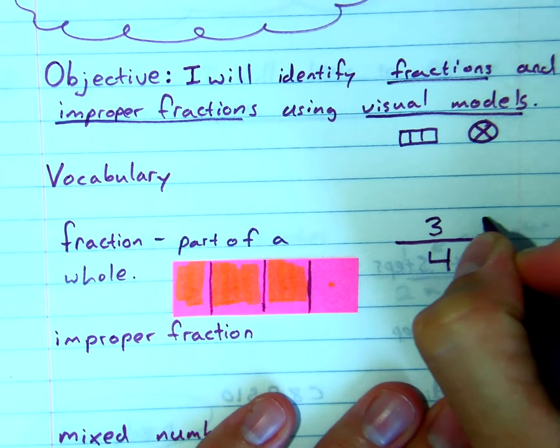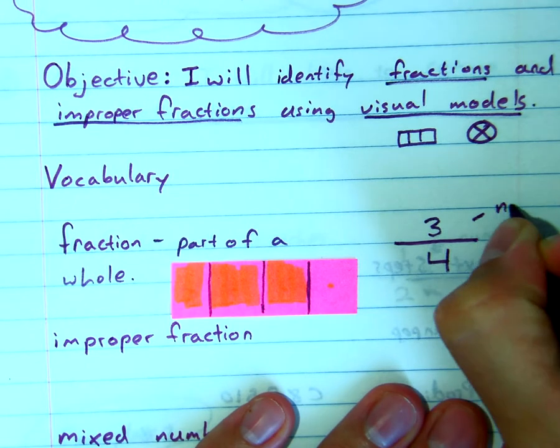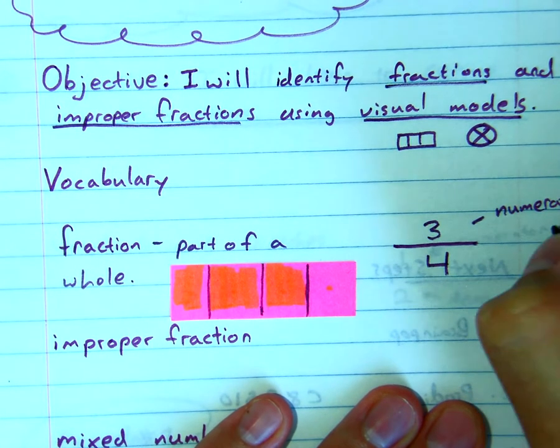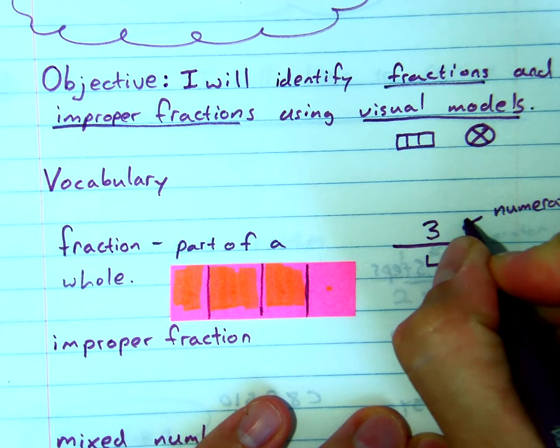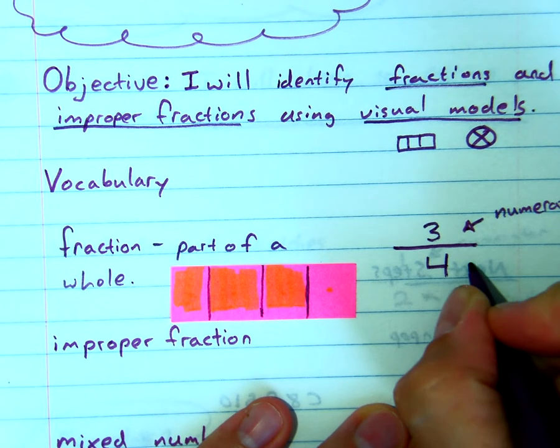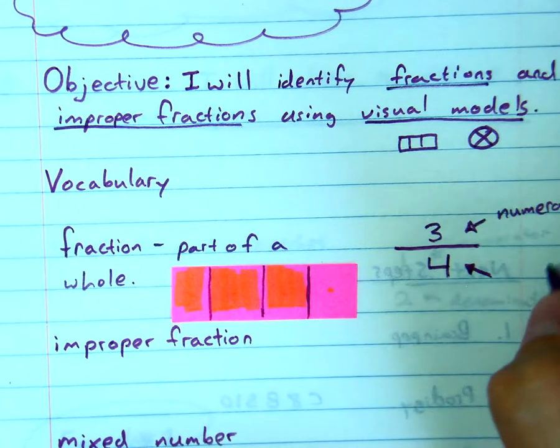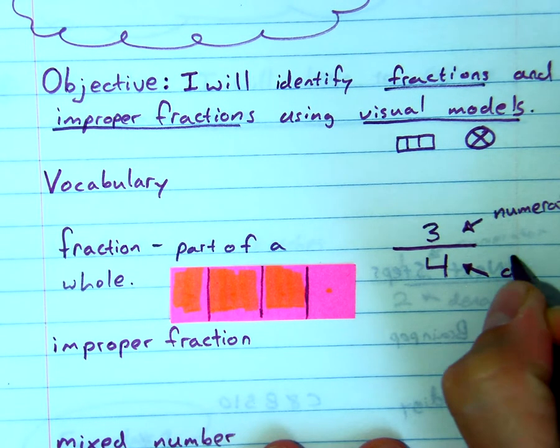And the top number is called our numerator. Say it with me, numerator. This tells us how many we have. Our bottom number tells us what number we could have if we had the whole thing. The whole number here is our denominator.